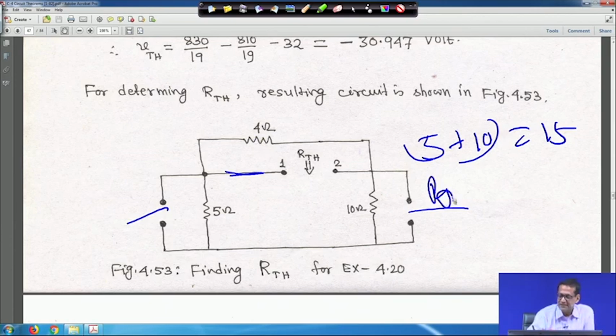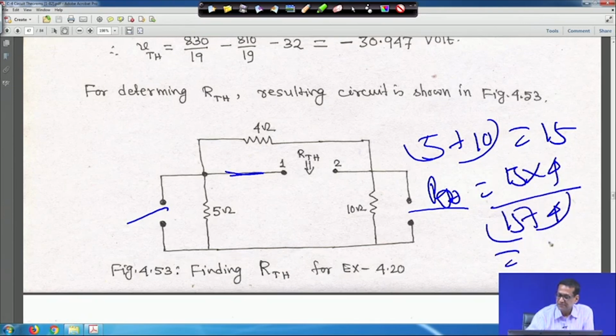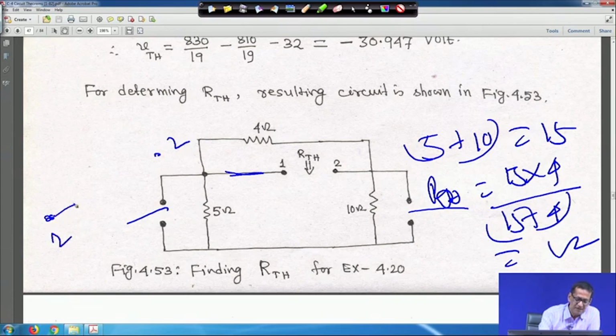So R Thevenin will be 15 into 4 divided by 15 plus 4. Terminals 1 and 2 are open, so this is the 4 ohm and here it is 5 plus 10.